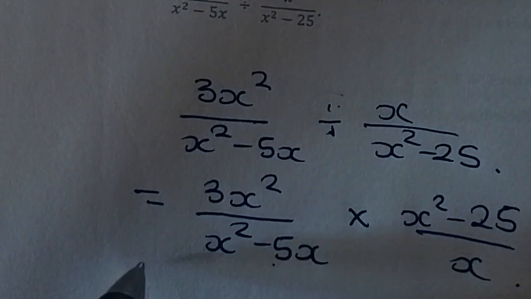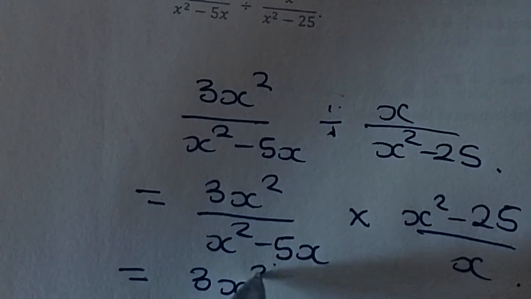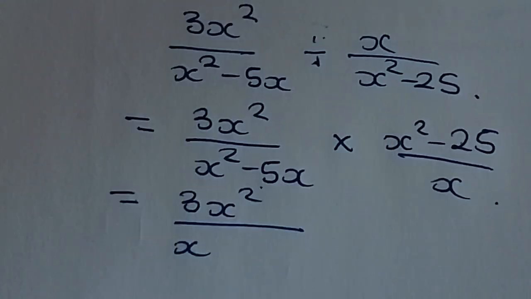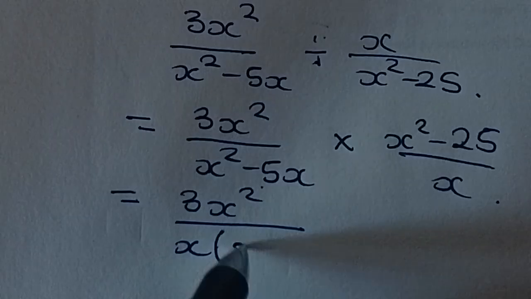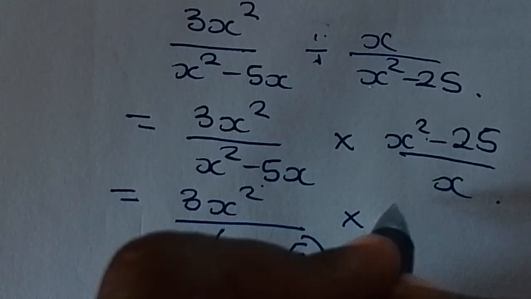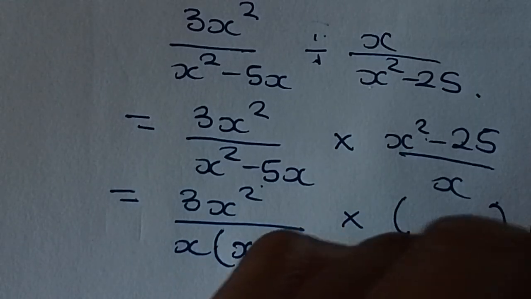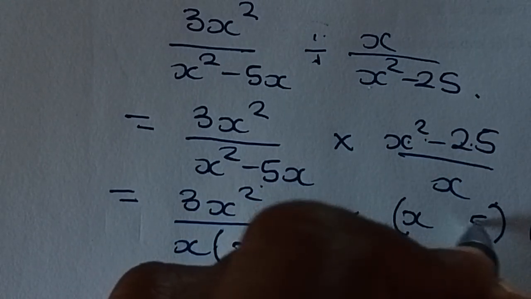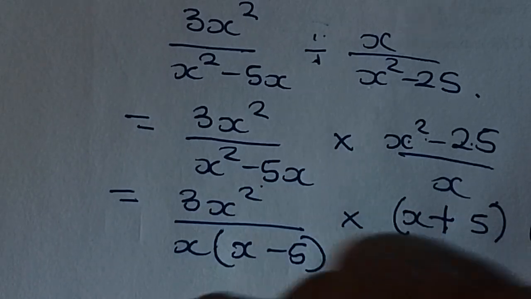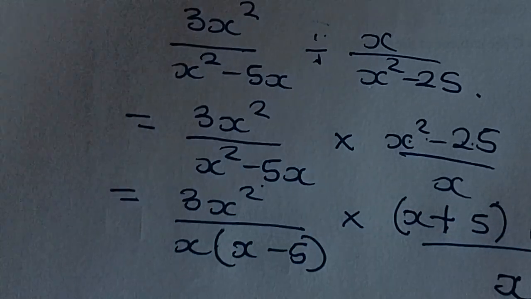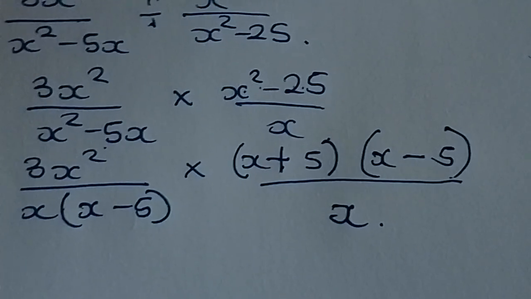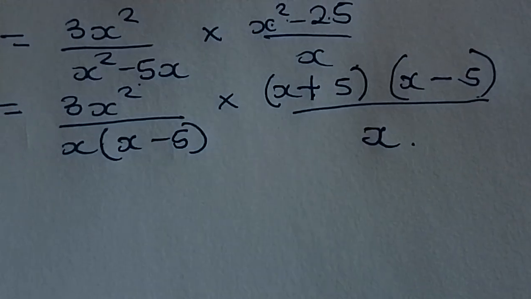Factorize these two. What do we get? 3x squared over x outside, factor out x there, then x minus 5, times, this is difference of two squares, so our two brackets: square root of x squared is x, square root of 25 is 5, plus in one bracket, negative in the other. That's how we factorize a difference of two squares expression.